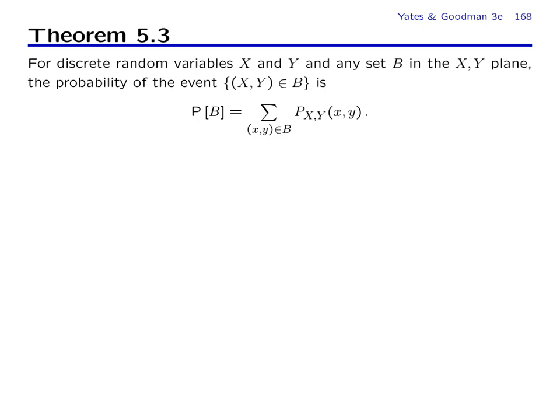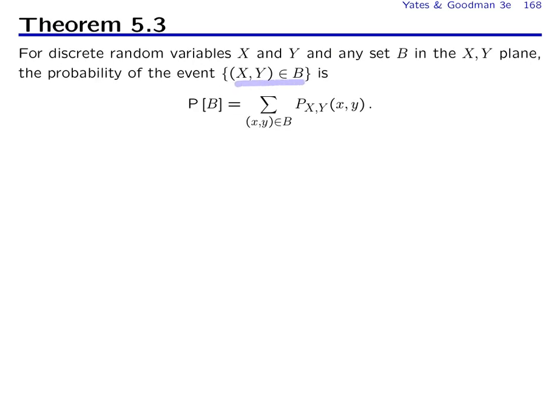The main idea here is to use this theorem 5.3, which is a kind of a bookkeeping theorem, in the sense that you're interested in some event B, and the way you describe this event B is in terms of the random variables x and y belonging to a set, and the set is B. The theorem simply says that if you want to find out the probability that x and y belong to the set B, then you just simply add up the probabilities of all the XY pairs that are in the set B. It's just a bookkeeping theorem.